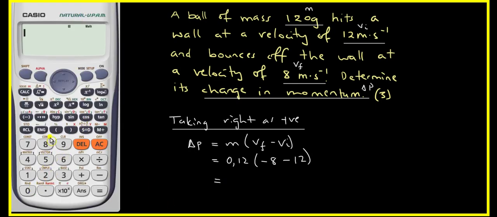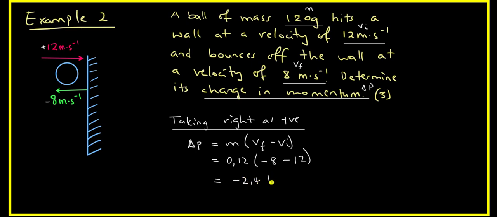So we have 0.12 multiplied by -8 minus 12. That gives me -2.4 kg meters per second. So our change in momentum is 2.4 kg meters per second to the left, since my answer is negative.